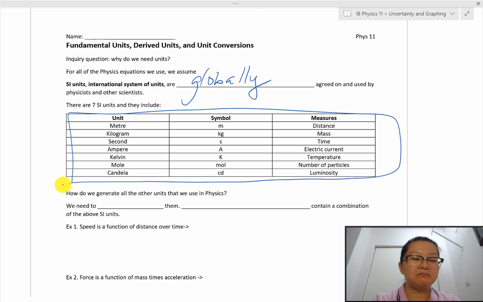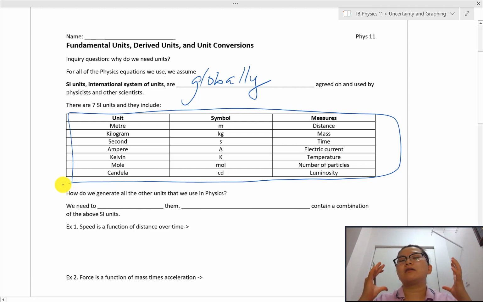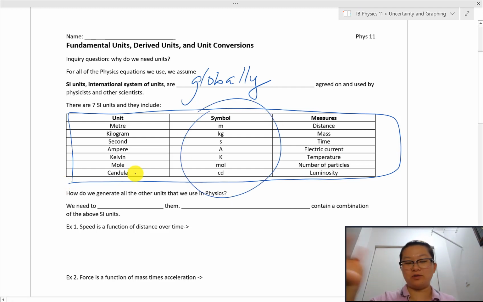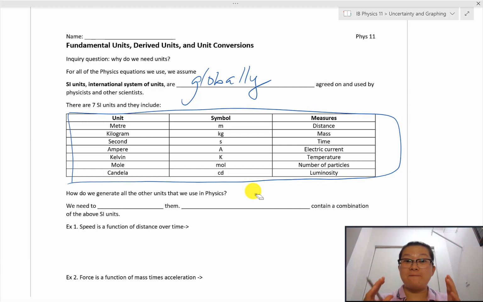Or volts that you see on your battery. They all can be derived from these basic units that you see here. We'll talk about that in a minute. These are the basic units that we work with as scientists. And that's why we call these fundamental units. They're like the building blocks of all your other units.